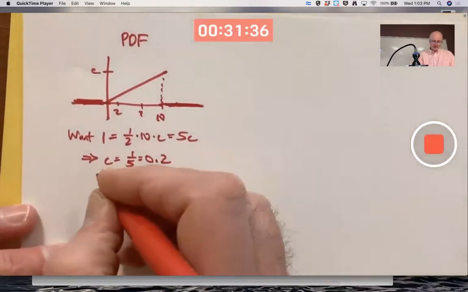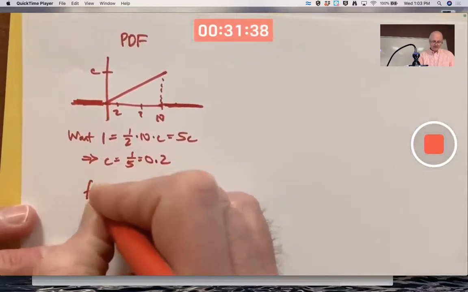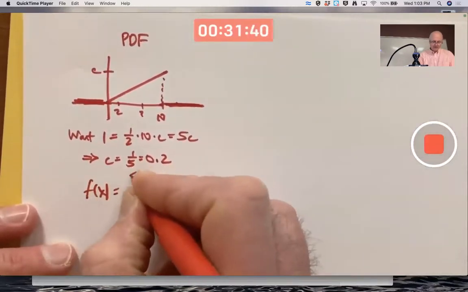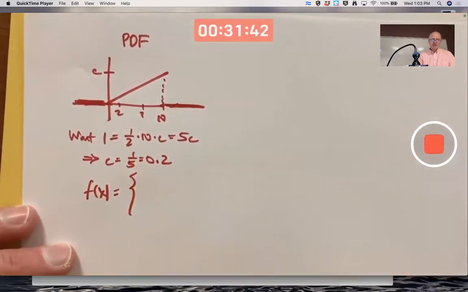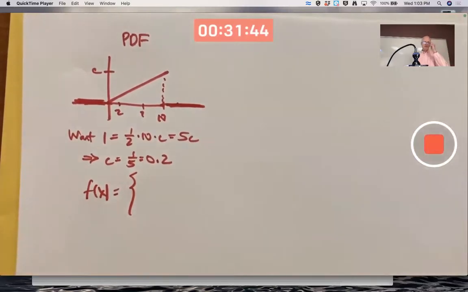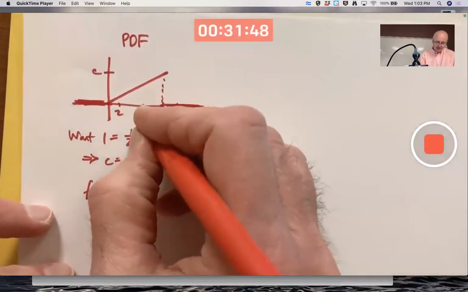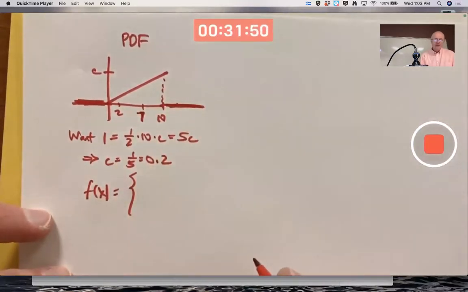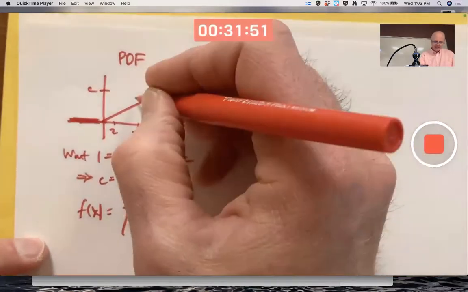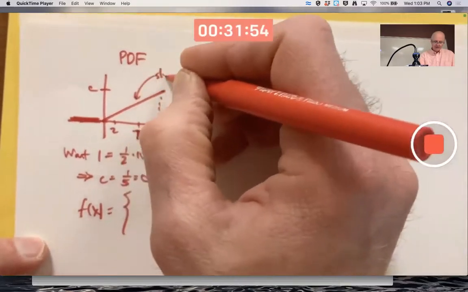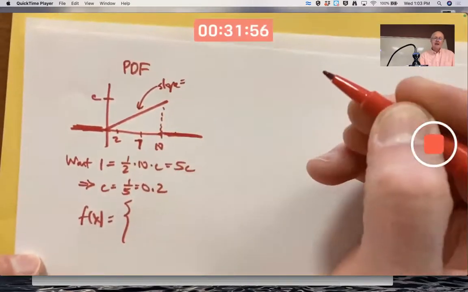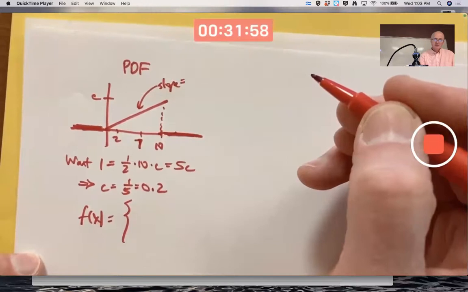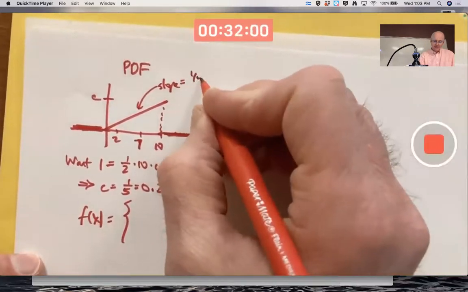Let's first write a formula for the PDF. Once again, it's piecewise. You really can't avoid piecewise for most of these examples that we've done so far. What's the slope of this line? It's rise over run. The rise is 1/5, the run is 10.